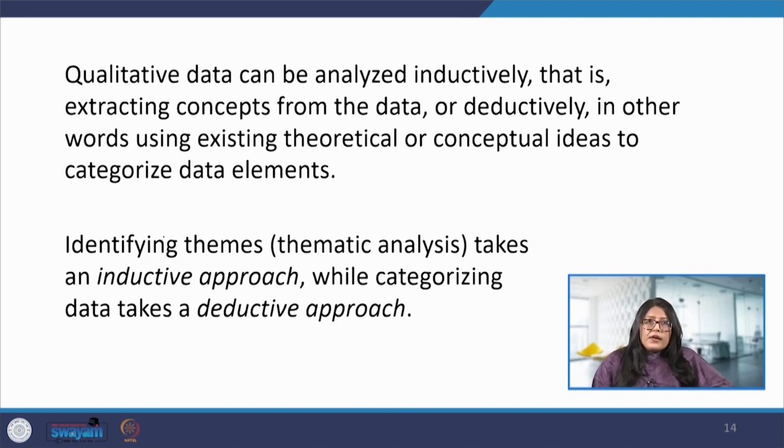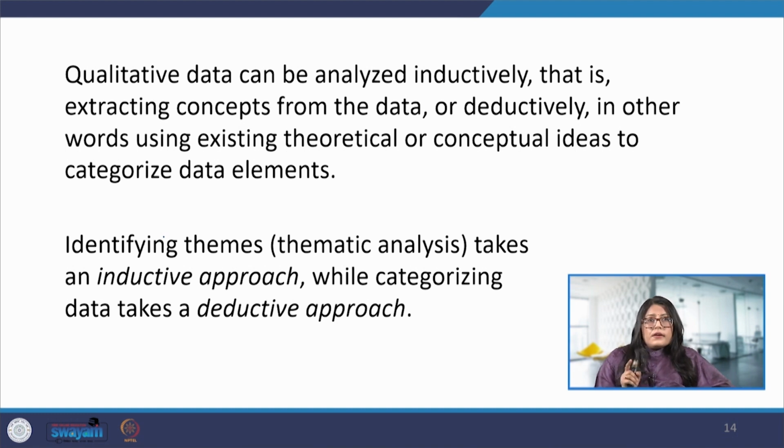Qualitative data can be analyzed inductively, that is, extracting concepts from the data, or deductively, which is using existing theoretical or conceptual ideas to categorize the data elements. Which approach is used depends on the data obtained and the goal of the study, but the underlying principle is to classify elements of the data in order to gain insights towards the study's goal.